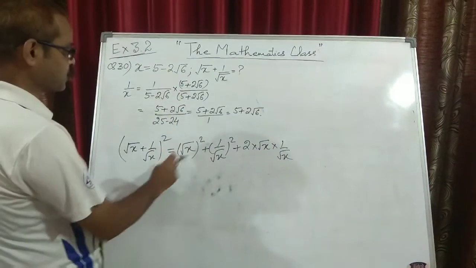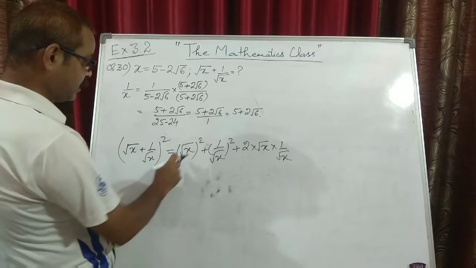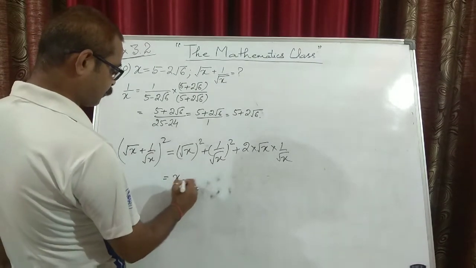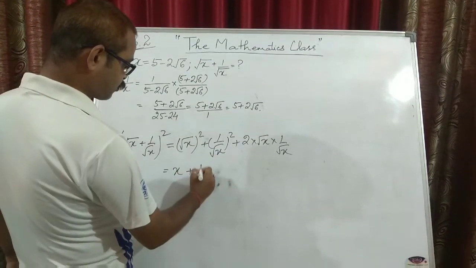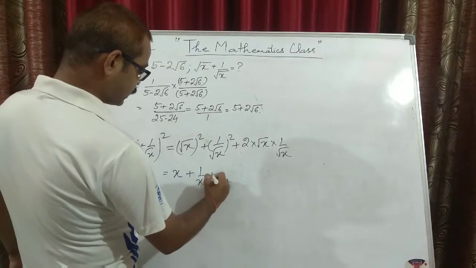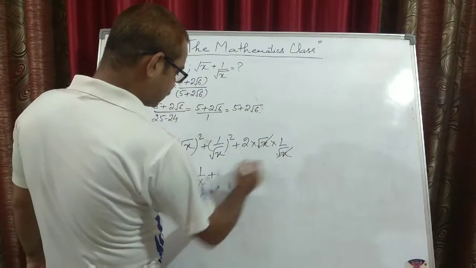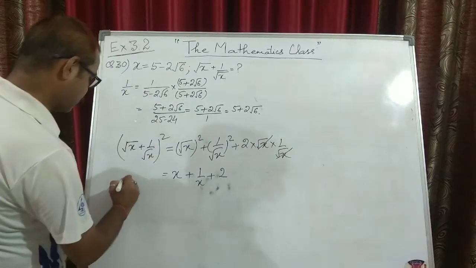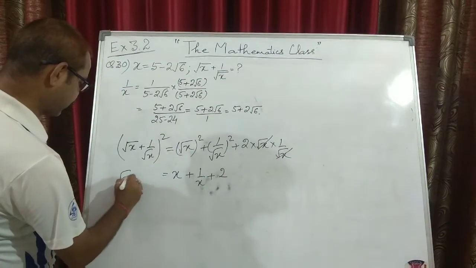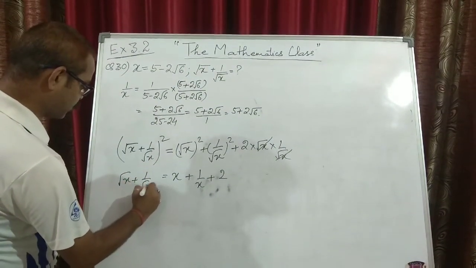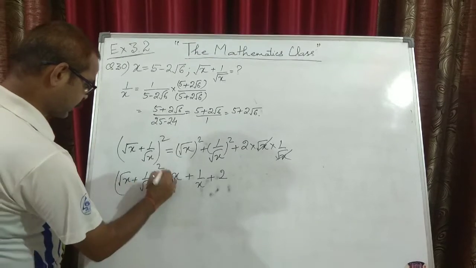Root x square will be x. 1 upon root x square will be 1 upon x. And root x and 1 by root x cancel, plus 2. This is under root x plus 1 upon root x whole square.